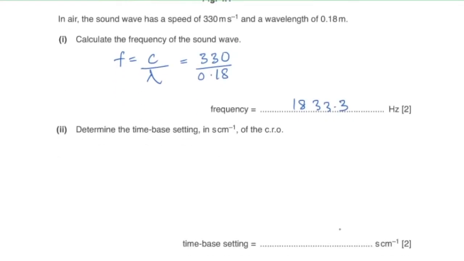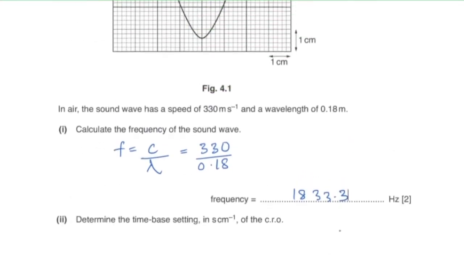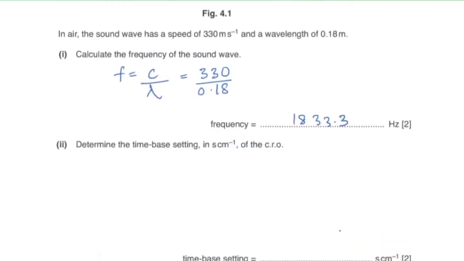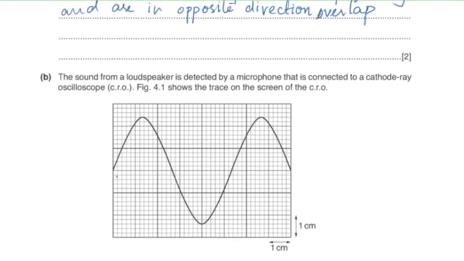Now to determine the time-base setting in seconds per centimeter of the CRO, the time interval for this wave is going to be 1 divided by the frequency, 1833.3 hertz, and we get a time interval of 5.45 into 10 to the power of -4 seconds, which means that from this point until this point, it's going to be a total of 5.45 into 10 to the power of -4 seconds.